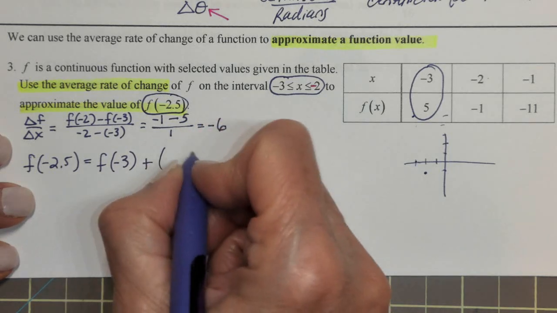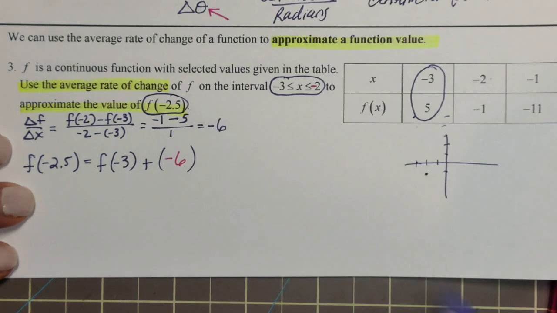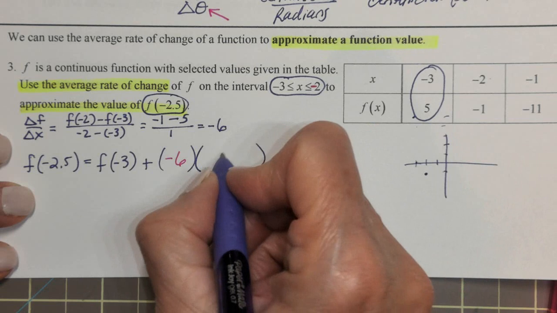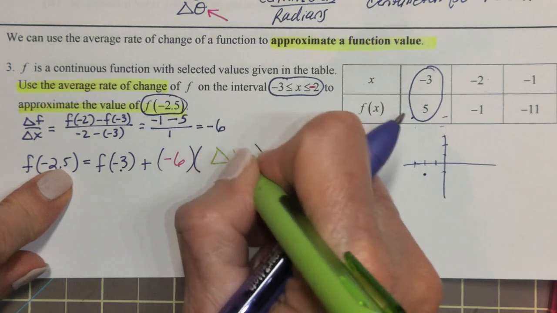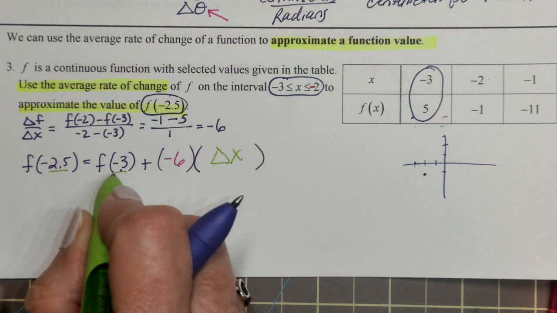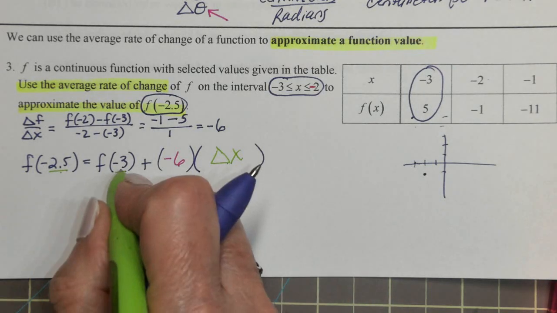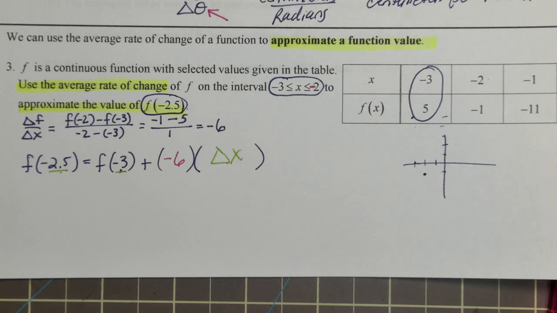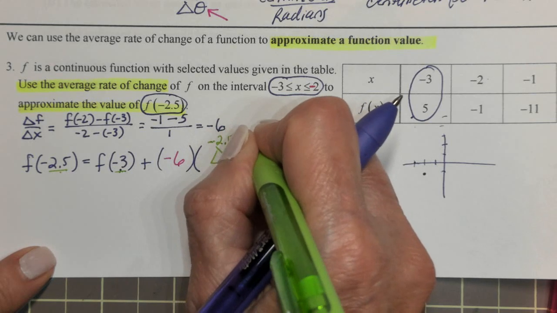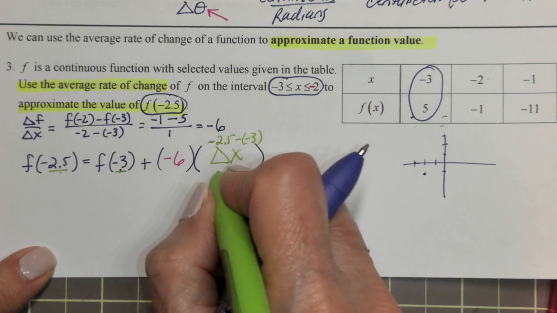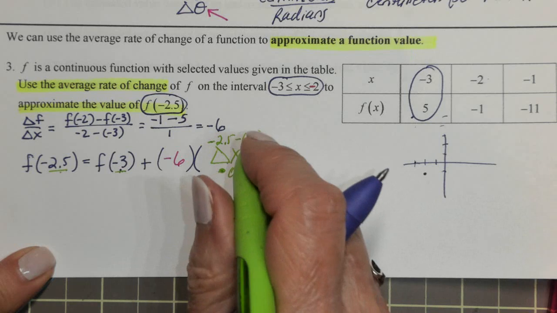If I add the average rate of change by my change in x from these two, this is the change in x from -3 to -2.5. The change in x from -3 to -2.5 is a positive 0.5, right? It's -2.5 minus -3, and that will be a positive 0.5. Okay?